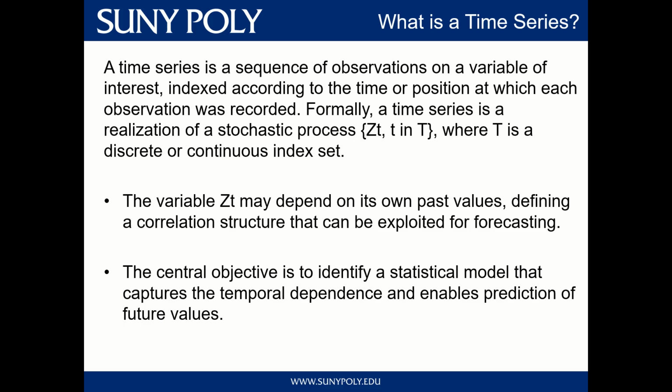Okay, so the first definition is what is a time series. So pretty much it's just a sequence of observations. And here the order of the variable is important. In previous analysis, when we're talking about regression models, classification models, the order of our data does not matter.